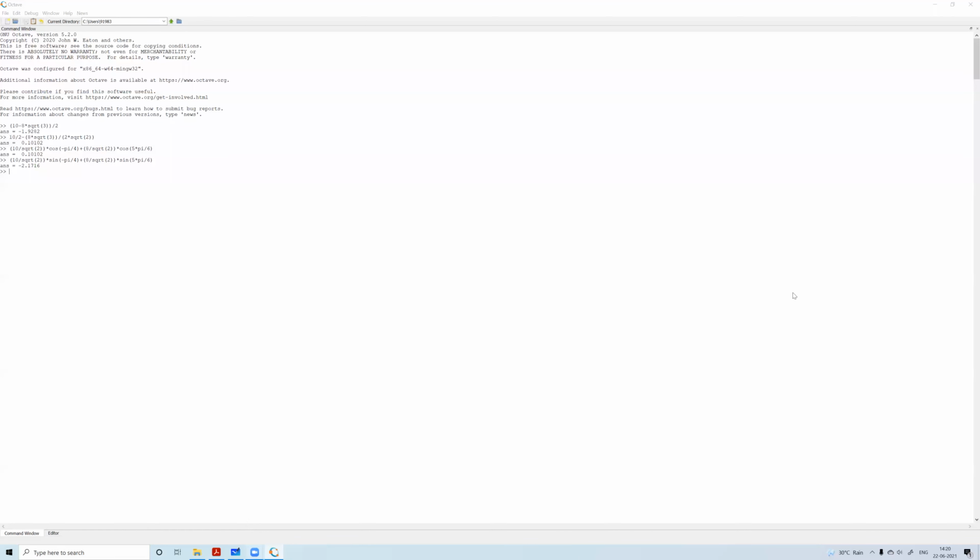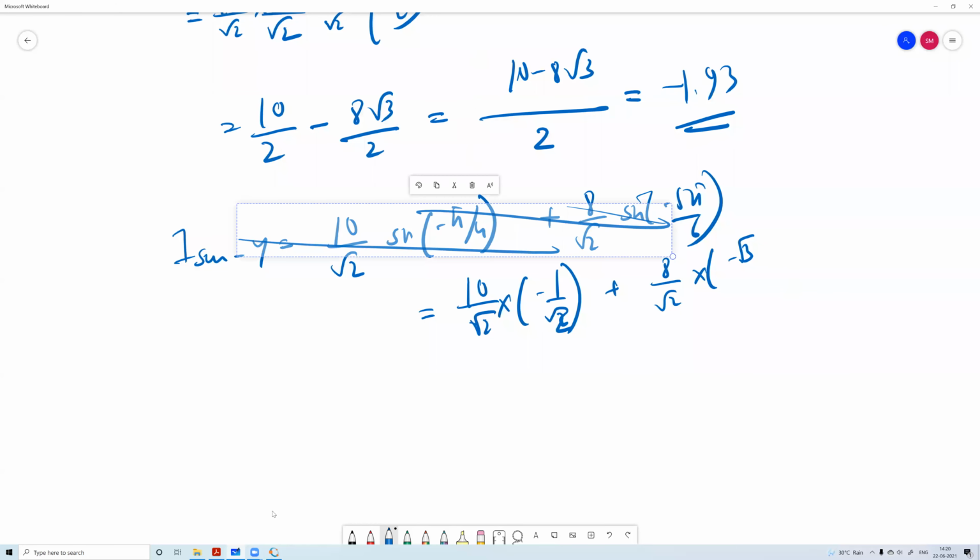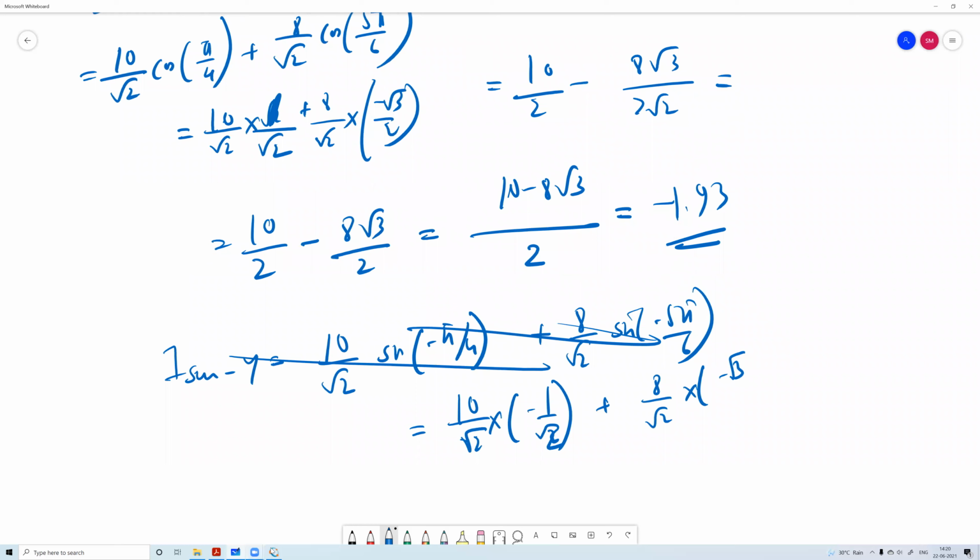The sum is this: the x component is minus 0.101 and the y component is minus 2.17.